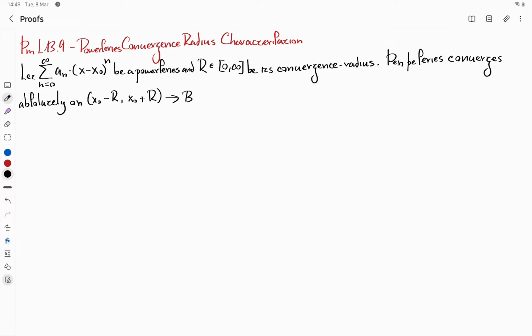In other words, on the open ball with the center x0 and the radius r, hence the name. And it diverges everywhere else.